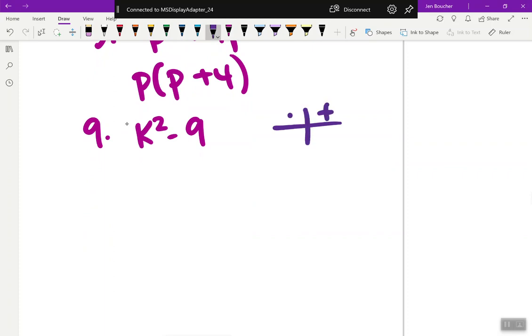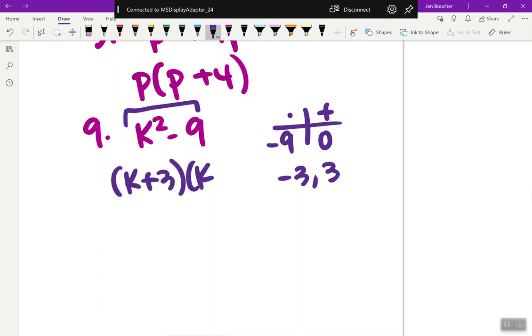You're looking for 2 numbers that multiply to the outside, which is negative 9, add to the inside, which is 0. What 2 numbers fit that category? Negative 3 and positive 3. Can you take the shortcut? Yeah. So take the shortcut. K plus 3, K minus 3.